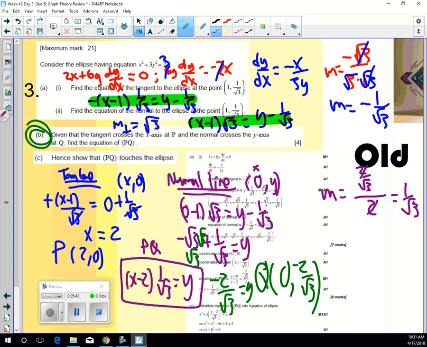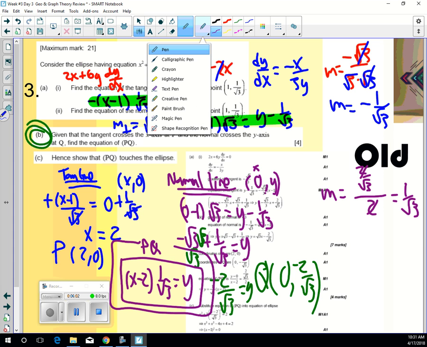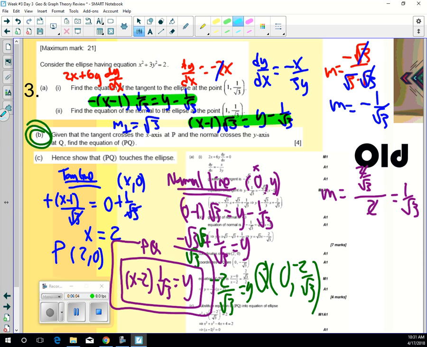Then it says, hence, show that PQ touches the ellipse. So how are we going to show that PQ touches the ellipse? Well, here's the ellipse equation up here. Here is PQ. So what I'm going to do is use this and prove to you that it's touching the ellipse.